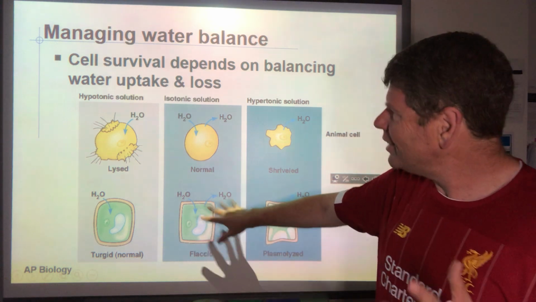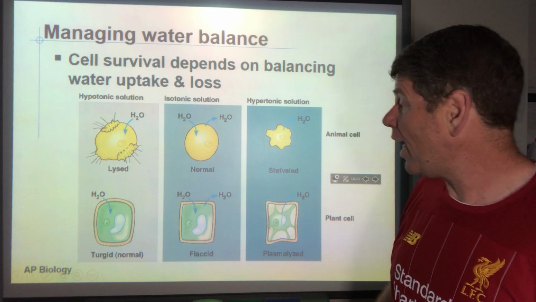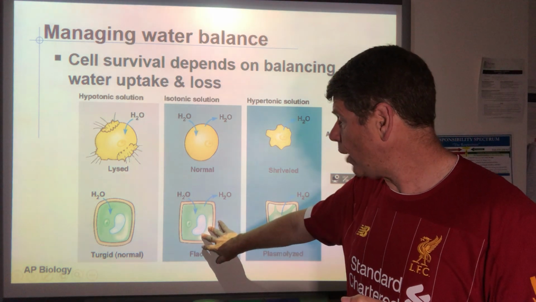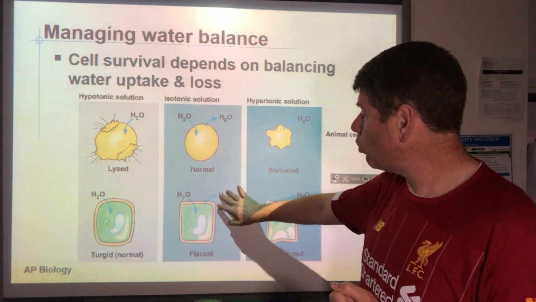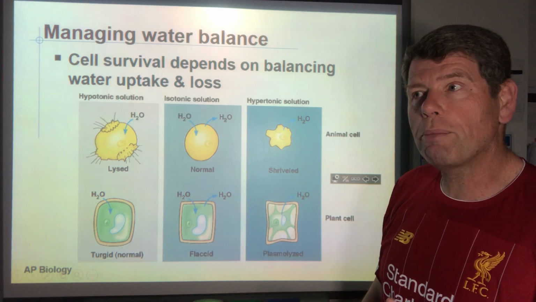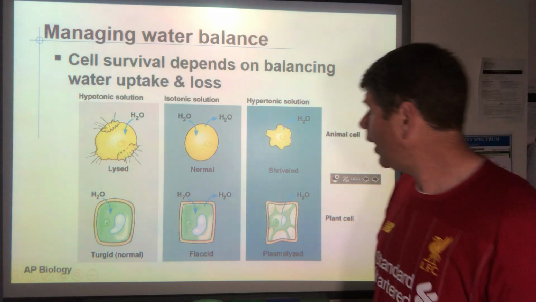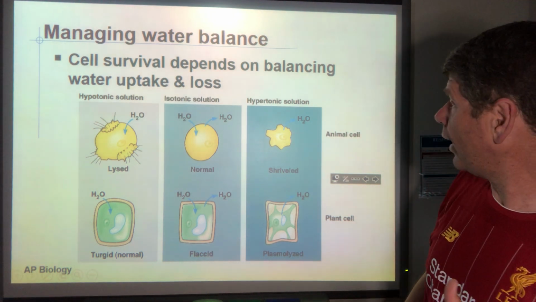Plant cells can deal with isotonic solution, but it's just not ideal. So we still have survival for the cell, right? Because we have this balance of water in and water out, but it's not going to have much turgor pressure. So this is when plants get wilty, when they don't get enough water, and the soil becomes more isotonic.